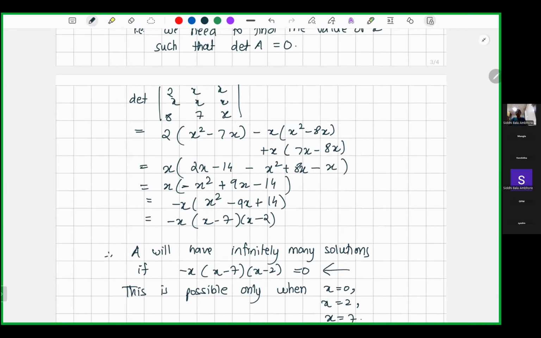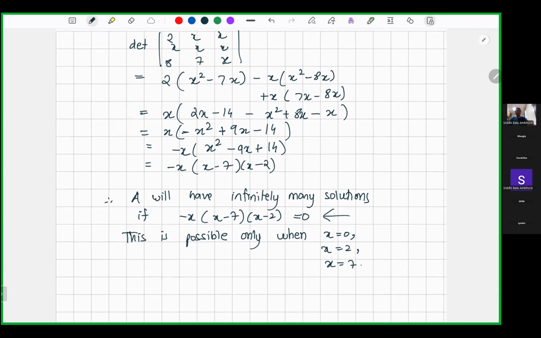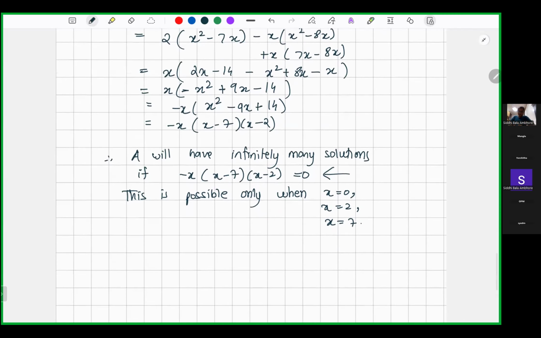So these are the only three possibilities for x for which you are getting infinitely many solutions. You can put other values and check and see whether you are getting infinitely many solutions in those cases or not. Okay, so let us move to the next question now.